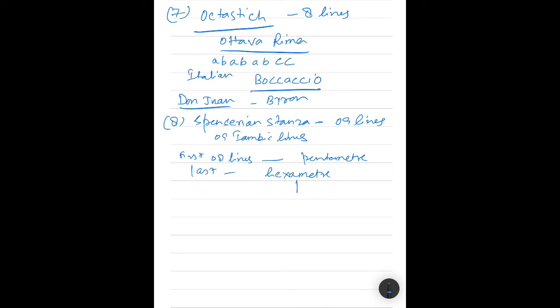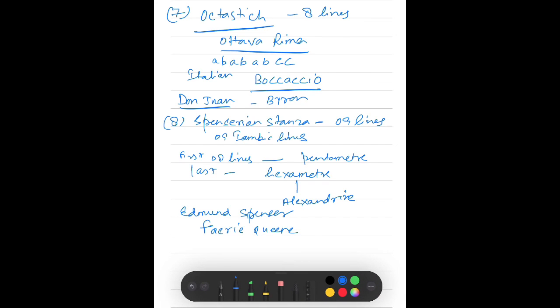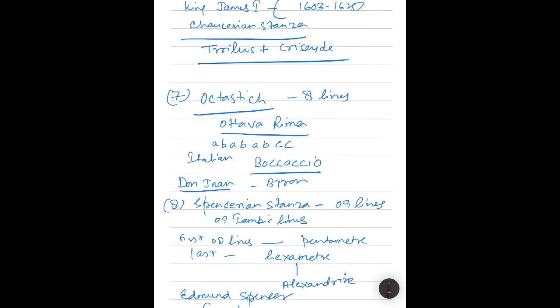Hexameter, which is generally called Alexandrine. The word is very popular. This verse form was created by Edmund Spenser, an Elizabethan writer, and he used this in his epic poem Fairy Queen. So these are the most popular stanza forms, which I have just told you.